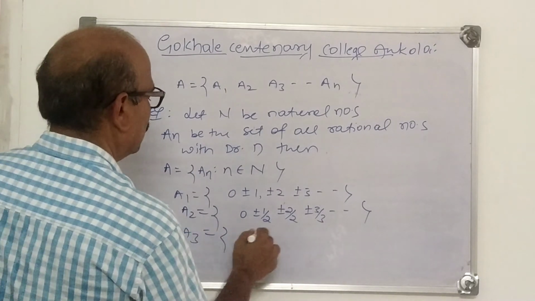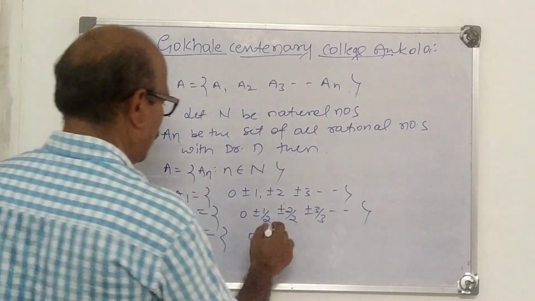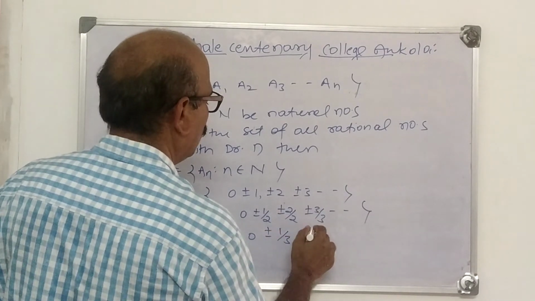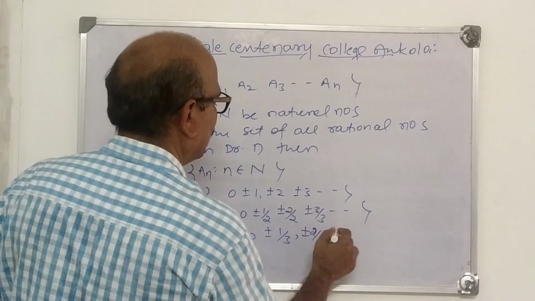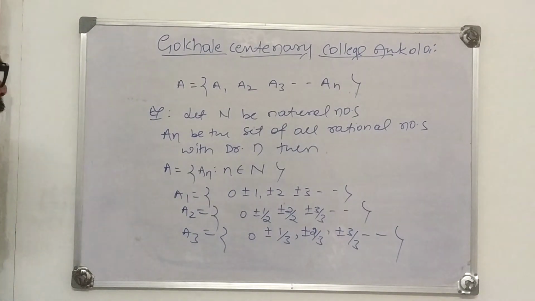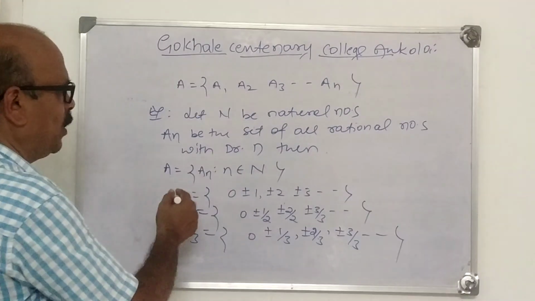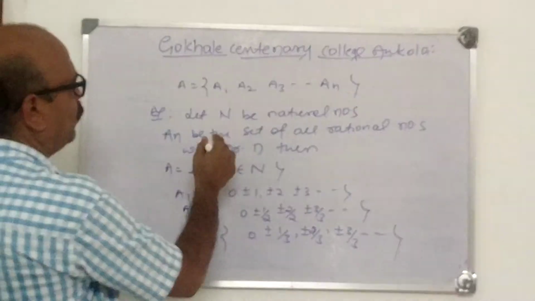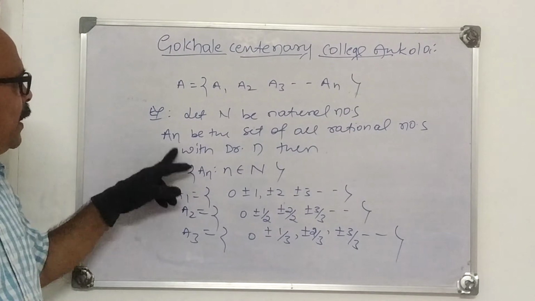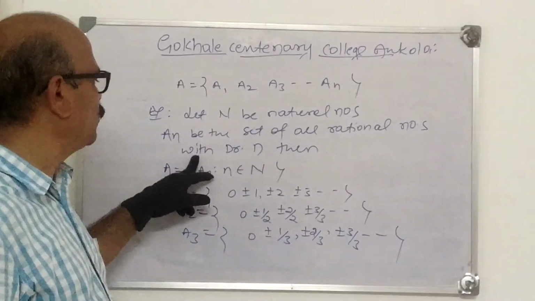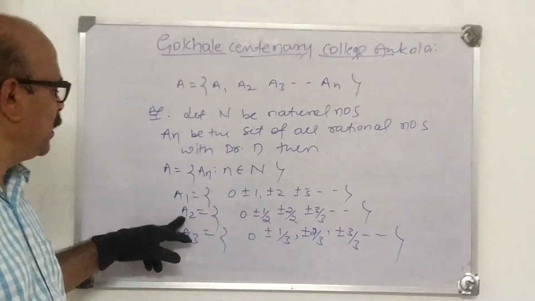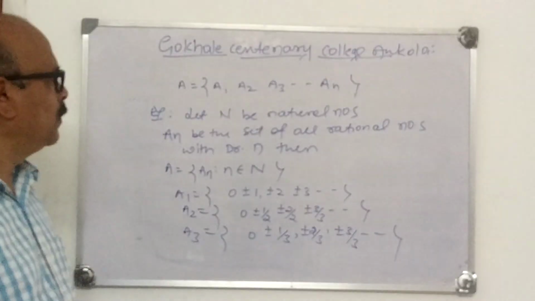A3 is 0, plus or minus 1 by 3, plus or minus 2 by 3, plus or minus 3 by 3, and so on. How is the indexed family of sets defined? It is the set of all An, and An is the set of all rational numbers with denominator n. So A1 is this, A2, A3, and so on.